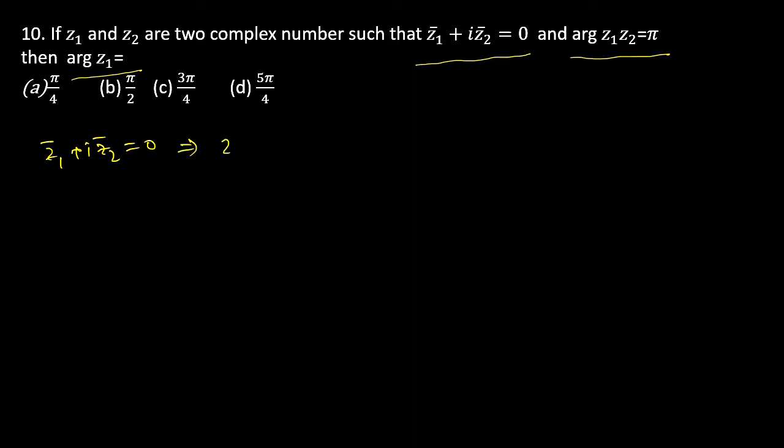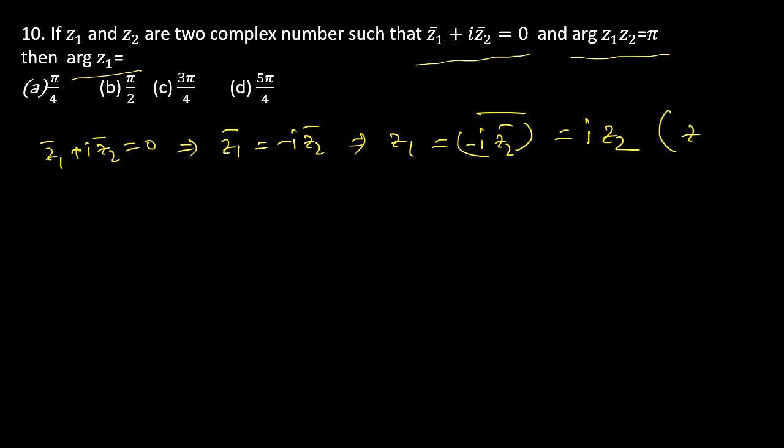So Z1 bar equal to minus i Z2 bar. If we take the conjugate of both sides, then we get Z1 equal to minus of (i Z2 bar) whole bar. This means minus i bar, which is i, and Z2, since Z bar whole bar equal to Z.